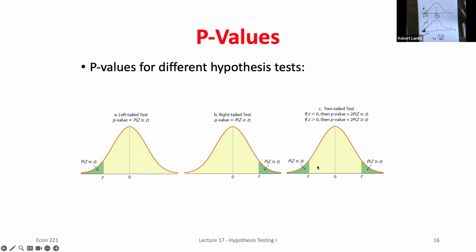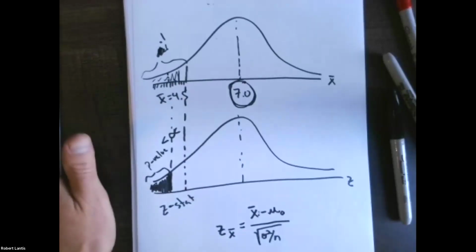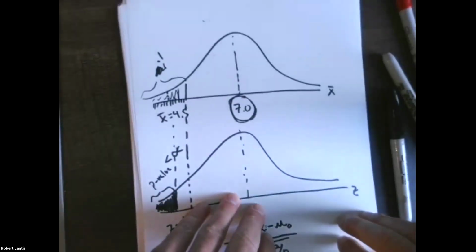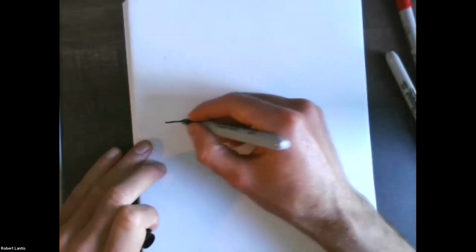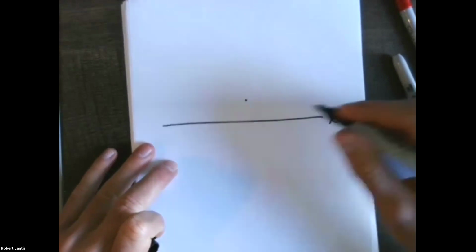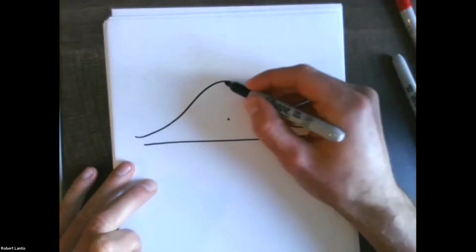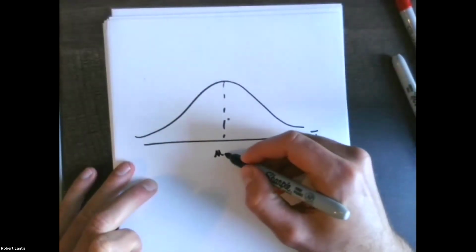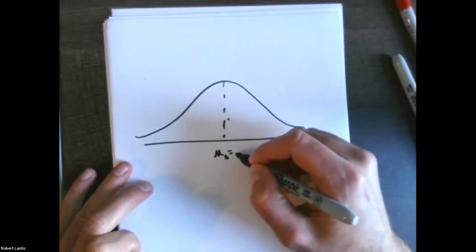And then for a two-tailed test, I'm only ever going to see one sample mean, so I'm only ever going to have one test statistic. But just to make a little more sense, I think I can draw this one. So if I have a two-tailed test, the distribution of my sample means has whatever the assumed true mean is.